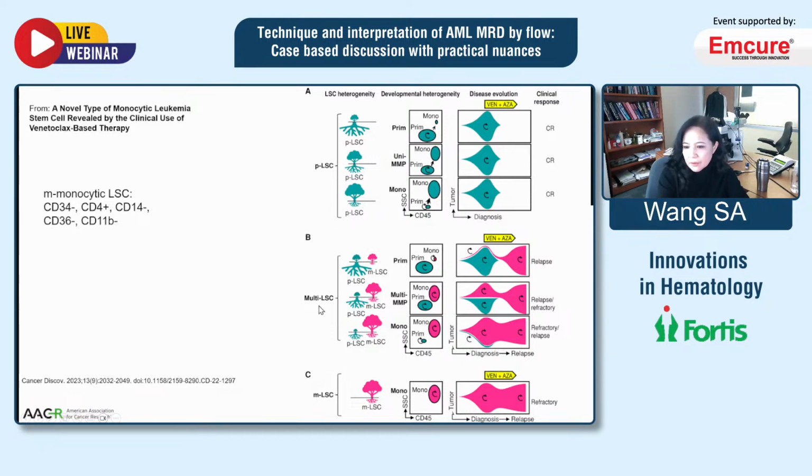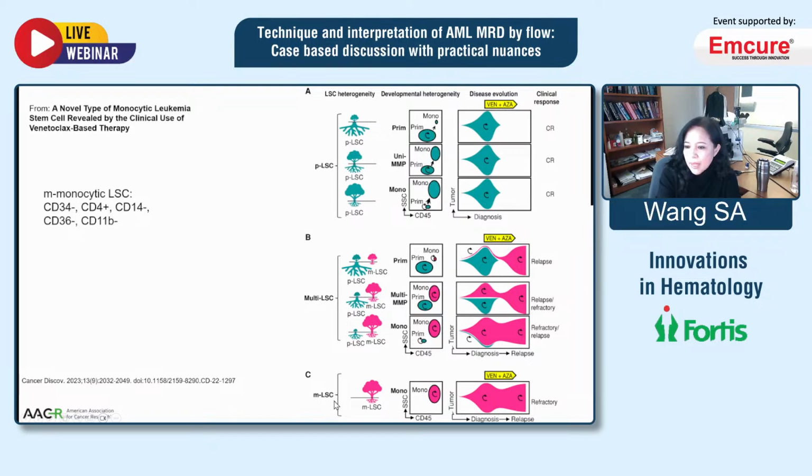However, if you have two types of leukemic stem cells, one primitive and one monocytic, it doesn't matter how few monocytes you have at the time. After treatment, the monocytic cells tend to survive, right? So if you have two different types of leukemic stem cells, you get monocytic relapse or residual monocytic leukemia.